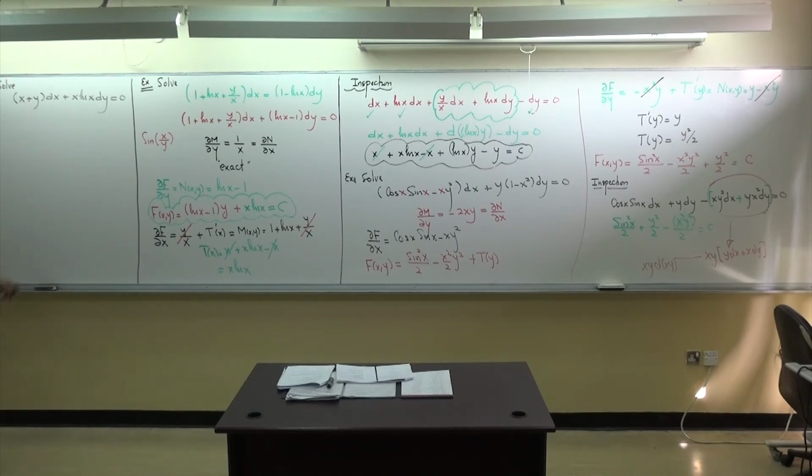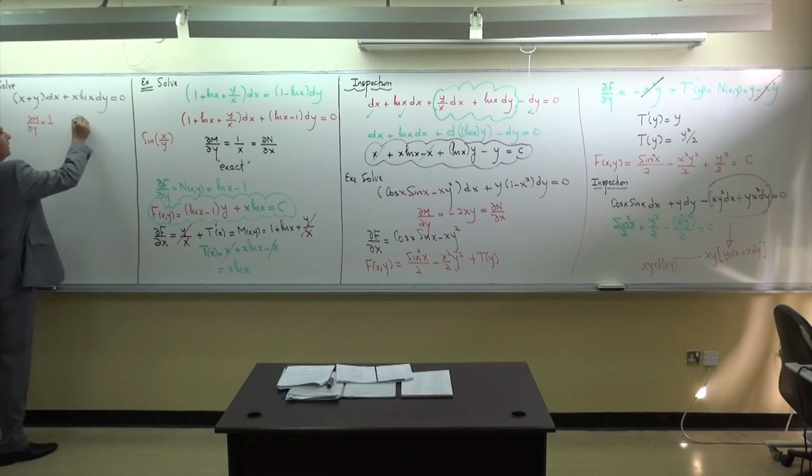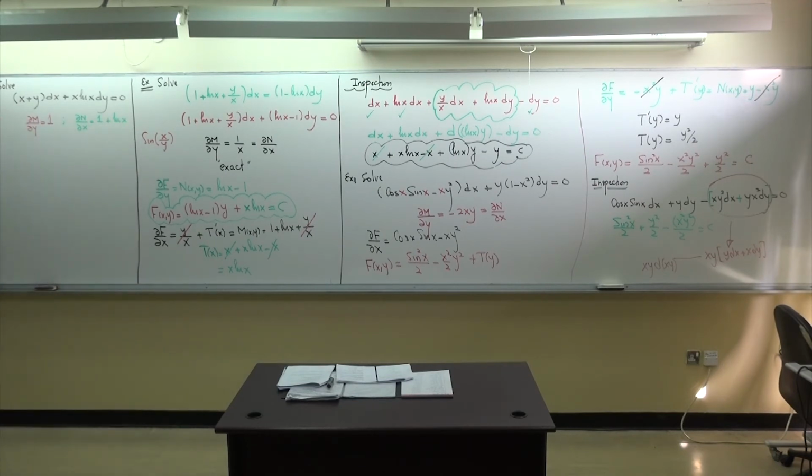يبقى طريقة الإكزاكت فأنت تي راح تطلع الدي ام دي واي تلاحظ أن المشتقة تساوي 1. تي تطلع الدي ان دي اكس راح تطلع المشتقة 1 زائد ln x. نعم.